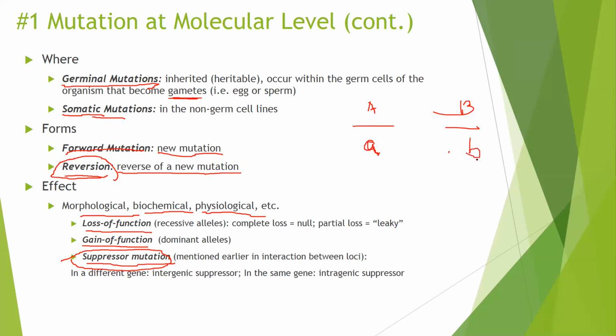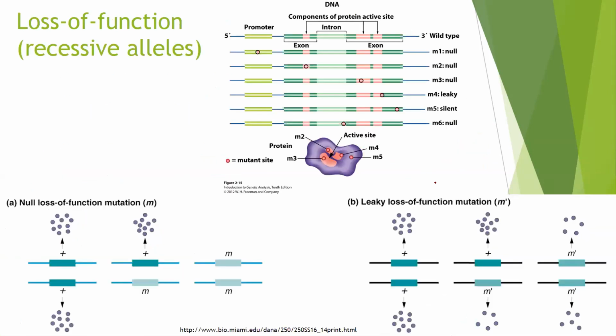However, if B gene is also mutated, this mutation could be a suppressor mutation, and the mutation in B gene may be able to reverse the mutation in the A gene. I don't say definitely the mutation of the B gene will reverse the mutation of the A gene. I say it could be like that. The mutation in B gene can reverse the mutation of the A gene. All right, we have learned this before.